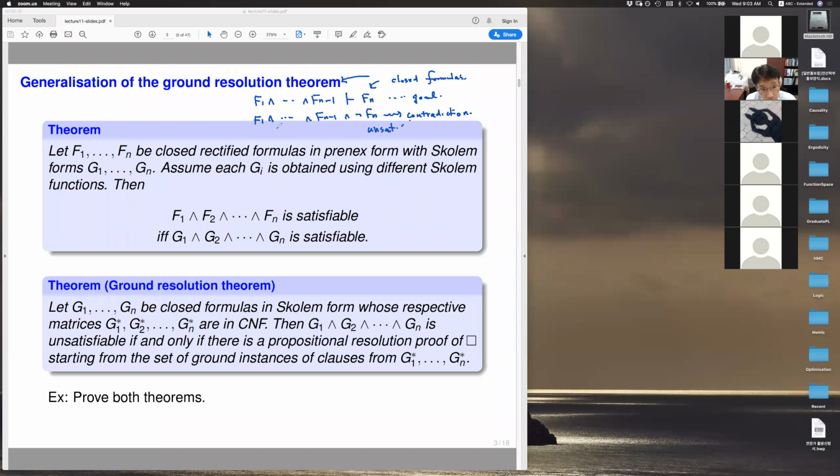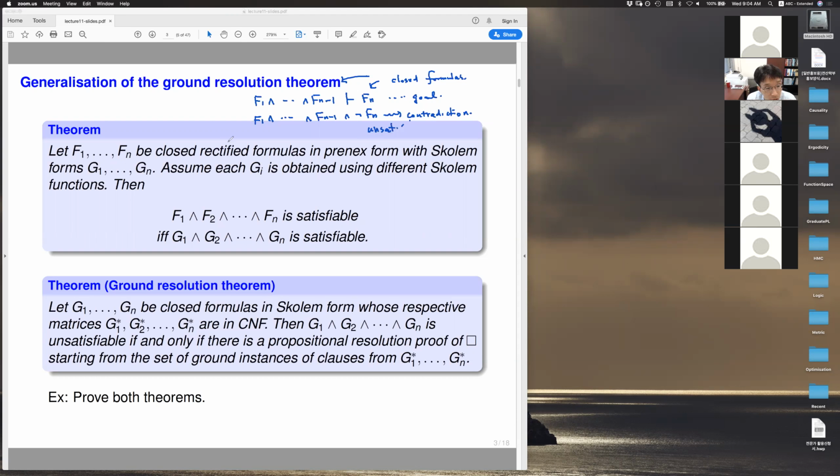So now we are in a situation where we have multiple closed formulas, and we are interested in checking whether this conjunction of closed formulas is unsatisfiable or not. That's the property that we want to check. For that purpose, these two theorems written in the slides are very useful.